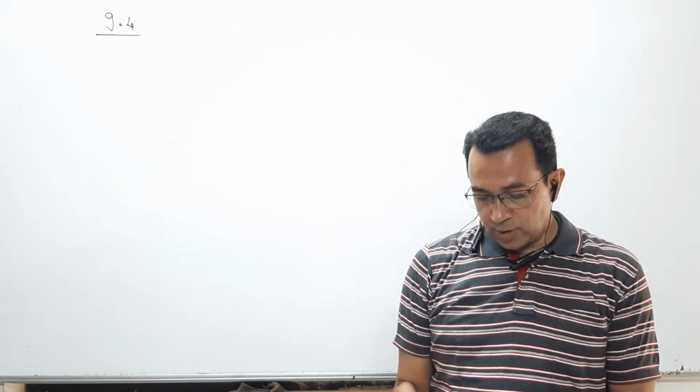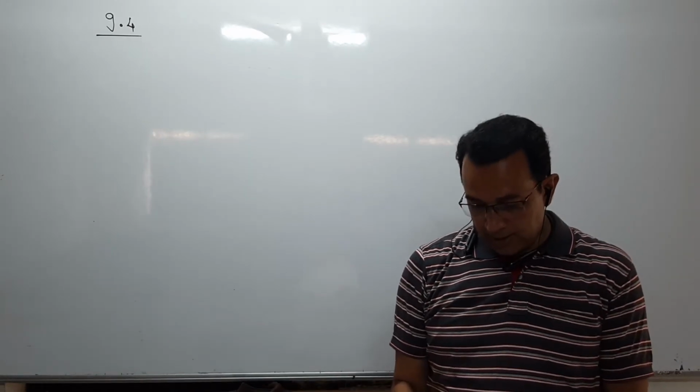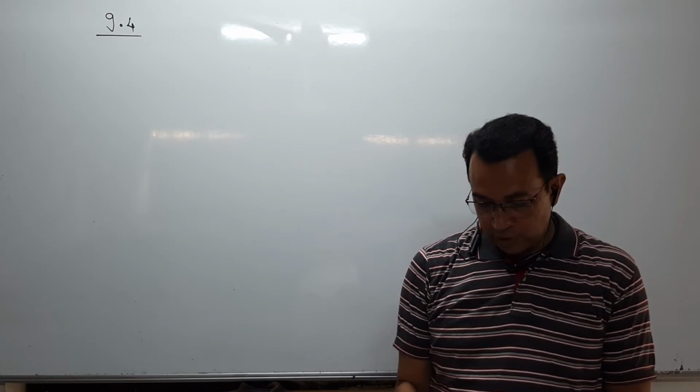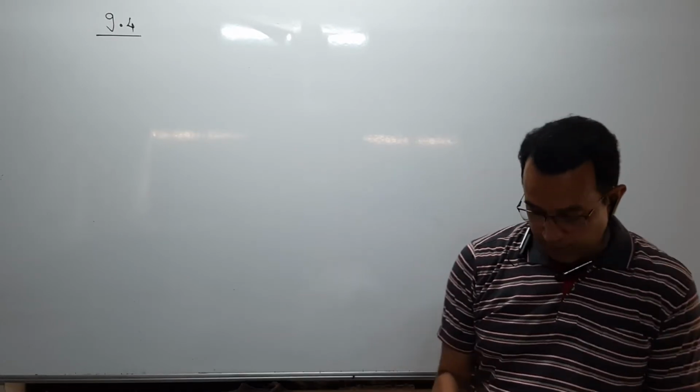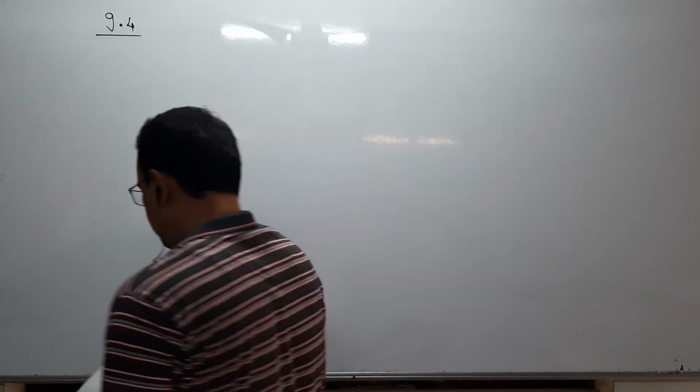At any point x, y of a curve, the slope of tangent is twice the slope of line segment joining the point of contact to the point minus 4, minus 3. Now this is a bit hard to understand.